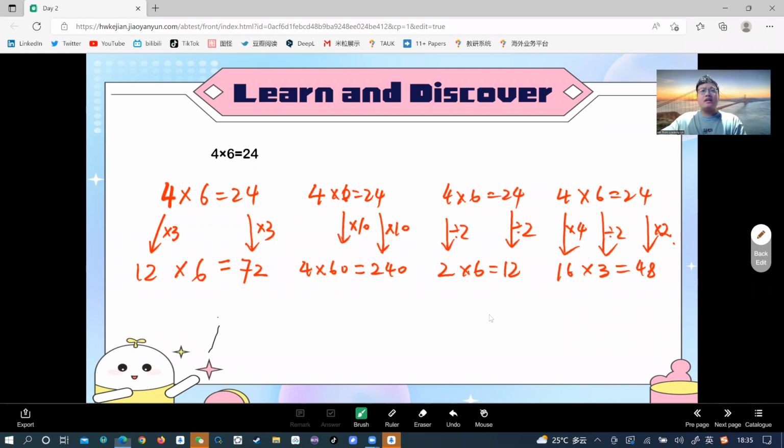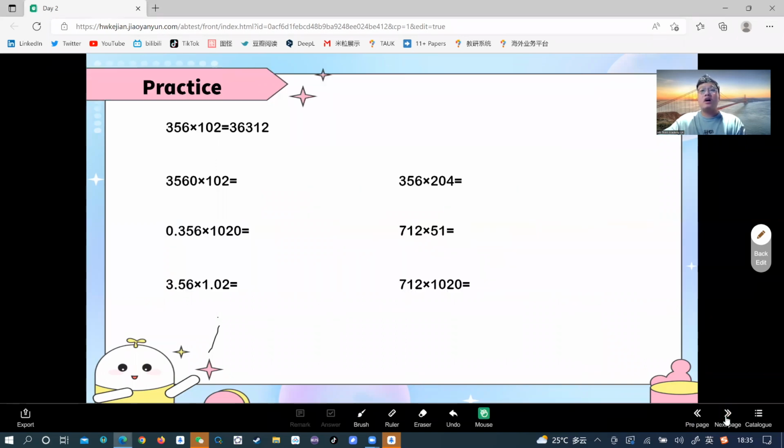Okay, so I think you already know that when we do multiplication, the change to the multipliers should be the same as the change to the result. Okay, so let's just use this method to solve these kinds of questions here.